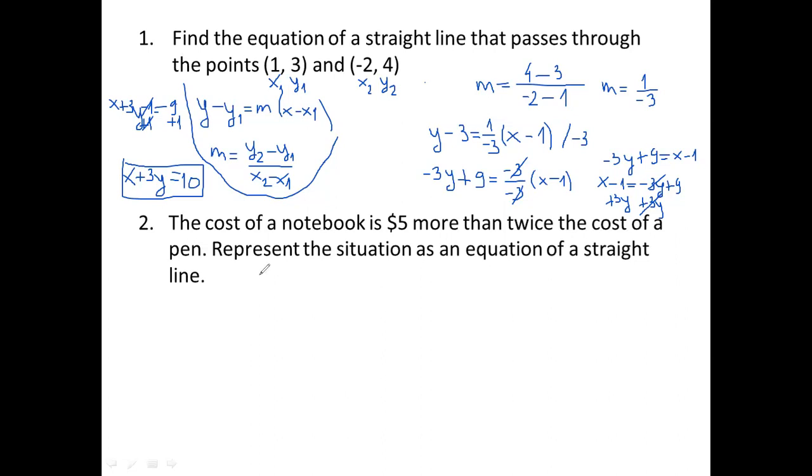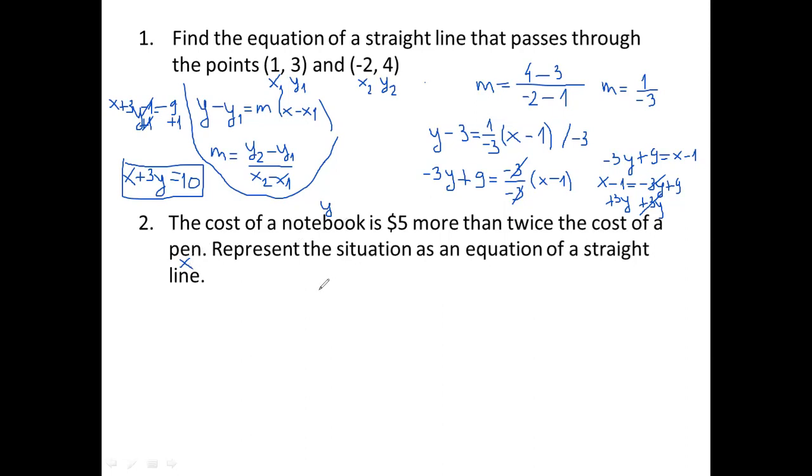Okay, so I can proceed then. So we can write the pen to be x. And then the notebook we can write to be y. So the cost of the notebook will be y, and the cost of the pen will be x.